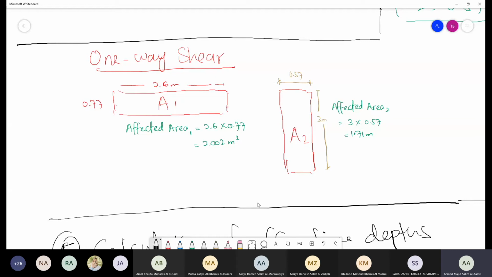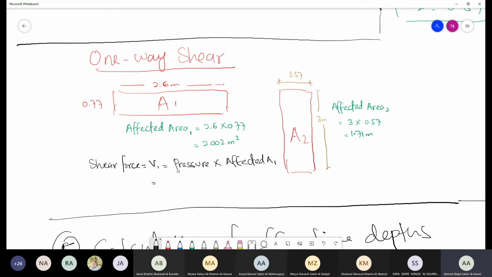And we need to calculate our shear force. So now we can say that shear force V1 is equal, in this scenario, to the pressure, because it's the loading which is going from the bottom to the top, which will cut my foundation, multiplied by the affected area 1.